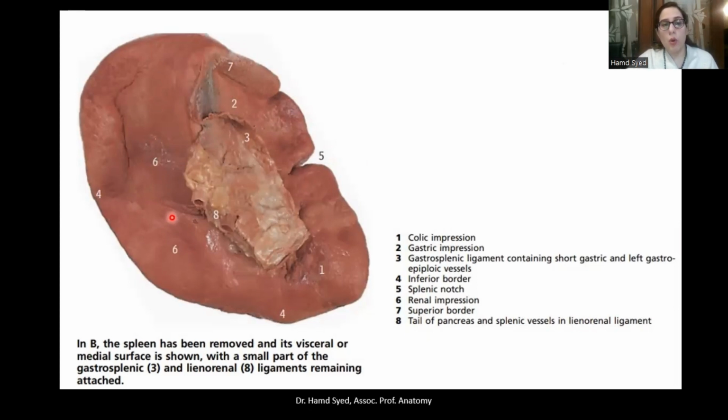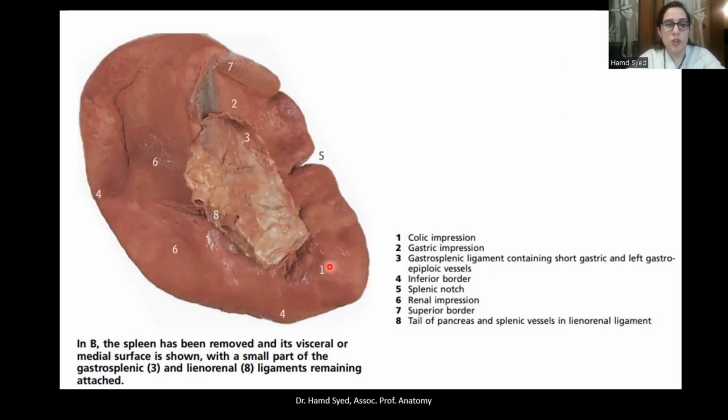This is the impression on the visceral surface of the spleen which is facing posteromedially. And it is related to the left kidney and in some cases also to the superior part of the left suprarenal gland. And also we can see number 1 over here is the colic impression, which is a small flat impression, and it is related to the left colic flexure as well as the phrenicocolic ligament.